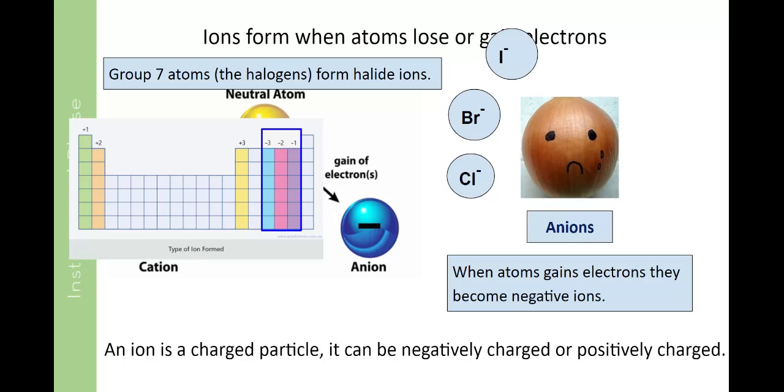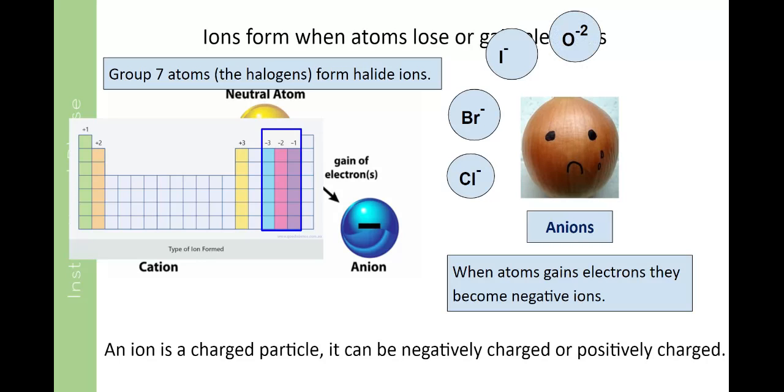So any ion formed from an element from group 7 is called a halide ion. So for example, I know fluoride would be a halide ion because it's formed from fluorine, which is in group 7.